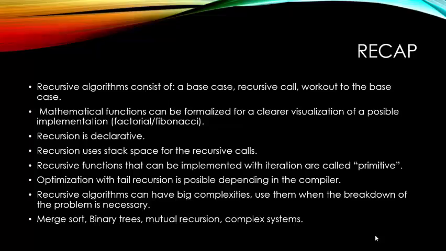Depending on the compiler, tail recursion could represent an optimized version of recursion. As with the example of Fibonacci, recursion could sometimes cause an algorithm's complexity to rise strongly, so think over before using it. Some examples we saw of algorithms using recursion are merge sort, binary search tree, mutual recursion, and complex systems.